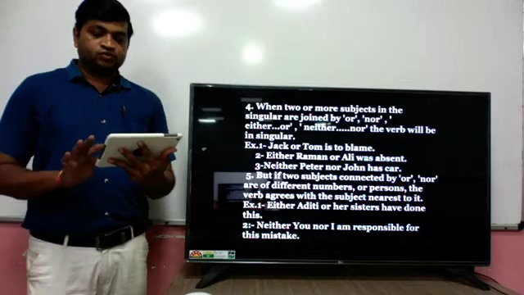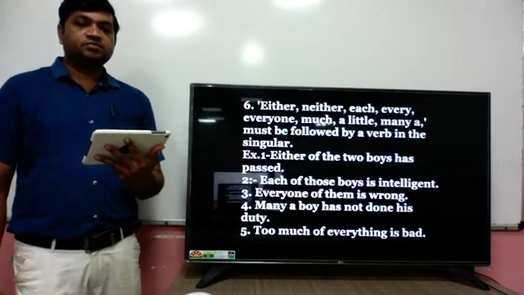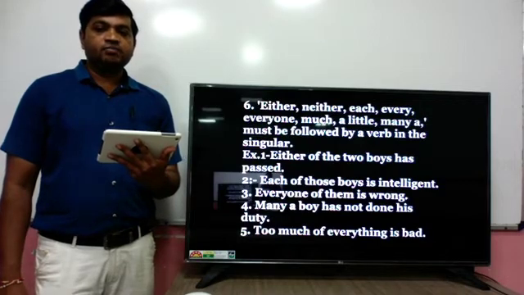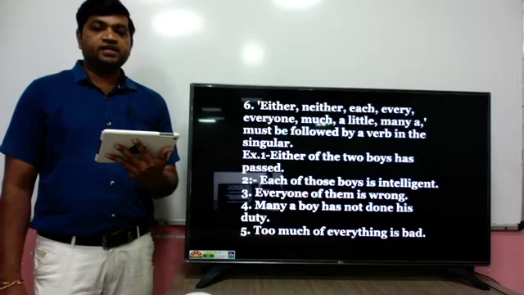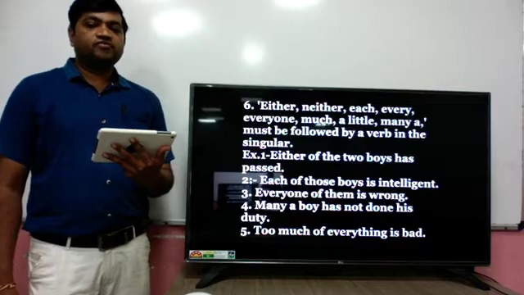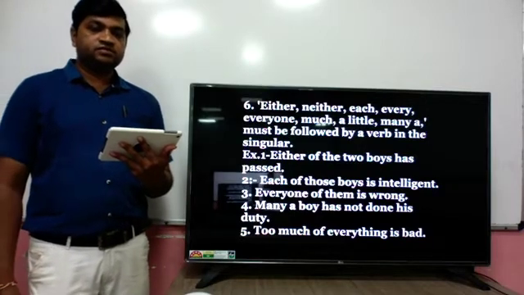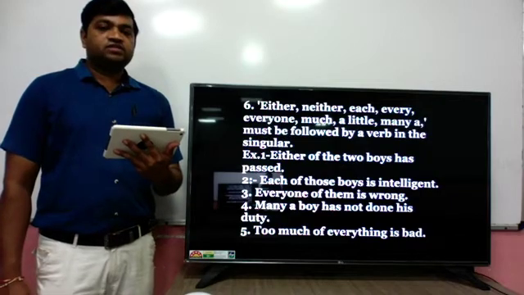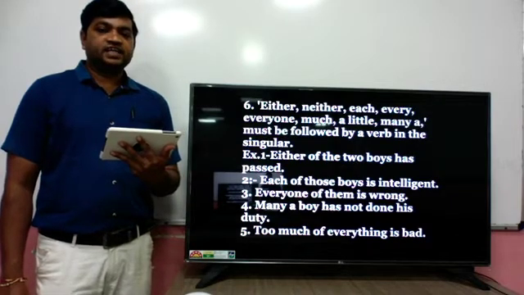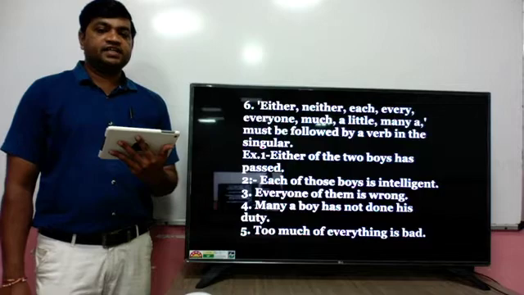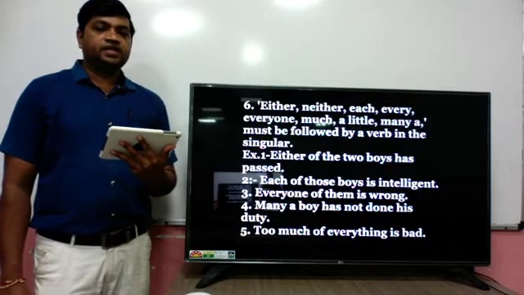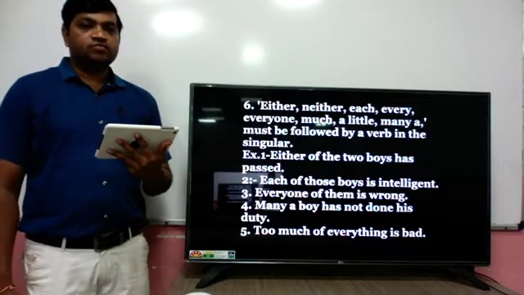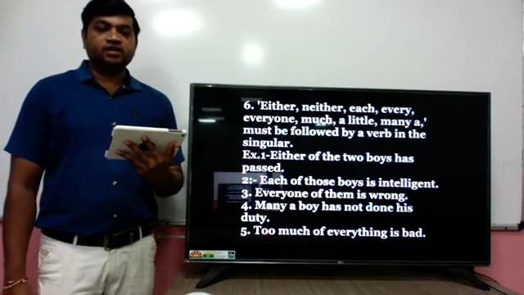Okay. Next, sixth rule: either, neither, each, every, everyone, much, a little, many a must be followed by a verb in the singular. It means if any sentence begins with words like each, every, either, neither, a little, many a, the verb should be in the singular number.